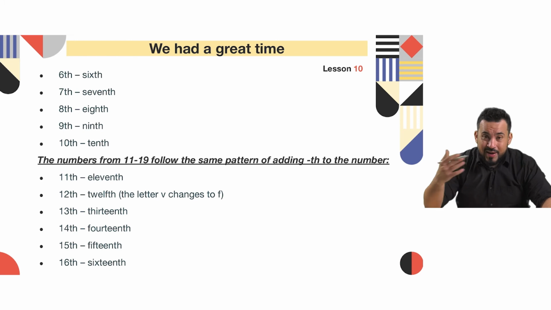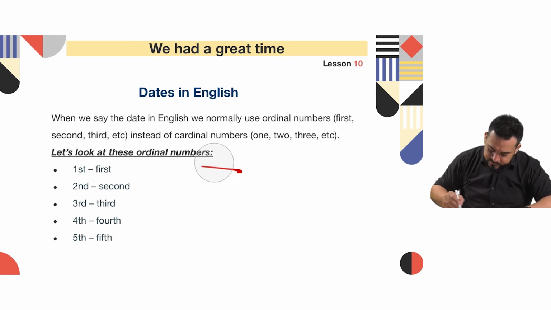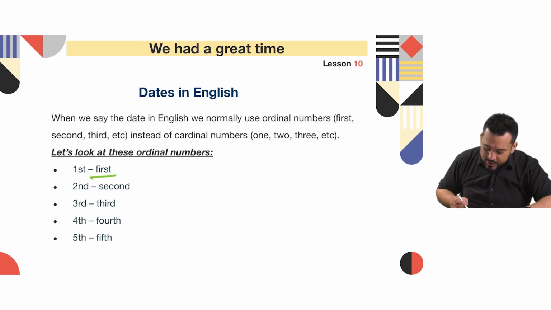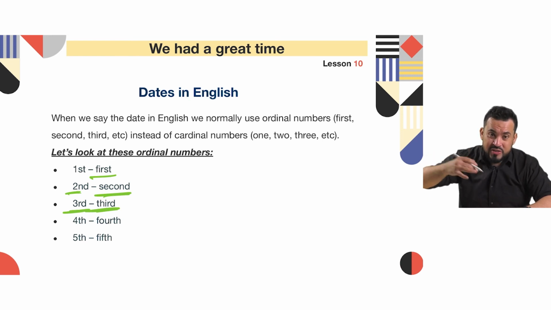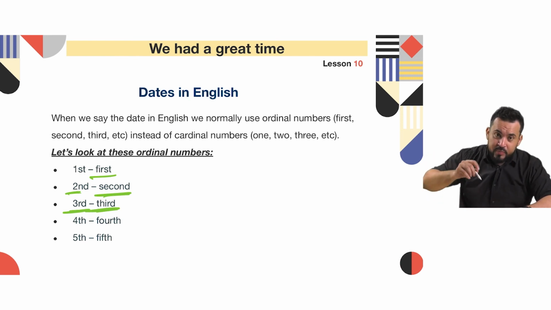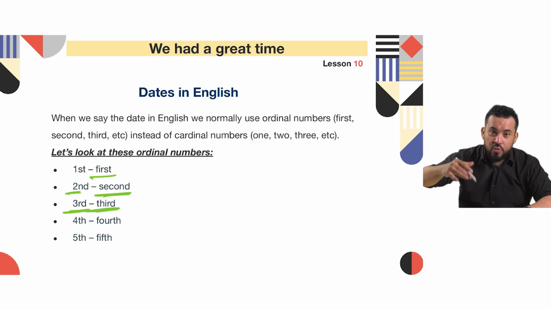Okay, so let's practice the pronunciation of the ordinal numbers. Normally, the 1 is always first. The 2 is always second, and 3 is always third. You must remember this because this pattern will stay after 20. After 20, it will be the same.